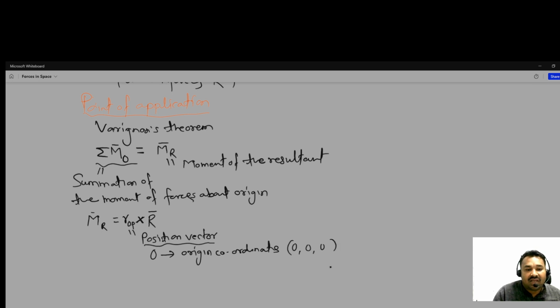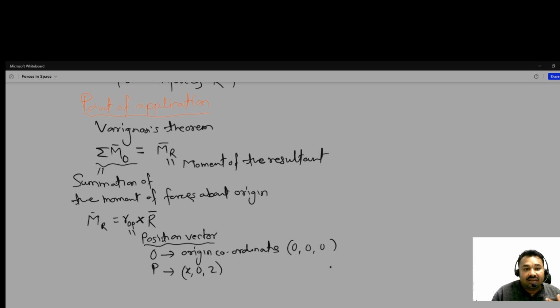Okay, and what about P? This plate is in the X and Z plane, so it will have some value of X, but Y is 0, and some value of Z. So it is the position vector.